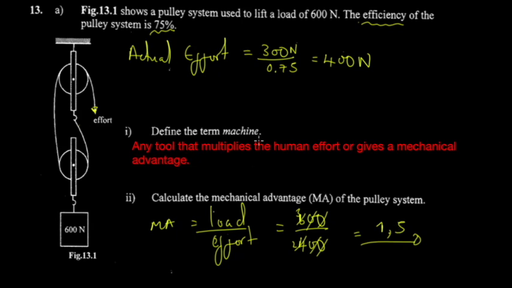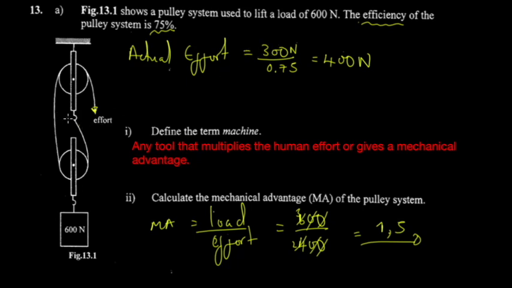So normally for these pulleys, if it's 100% efficient, we count the number of pulleys here. But then the problem now was that it was only 75% efficient. That means that we are doing some work against our frictional forces. So we had to find the actual effort.